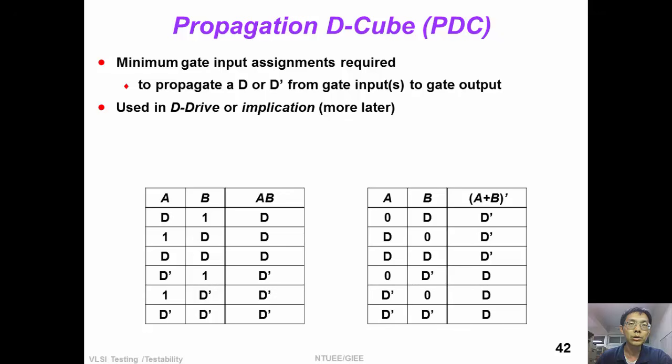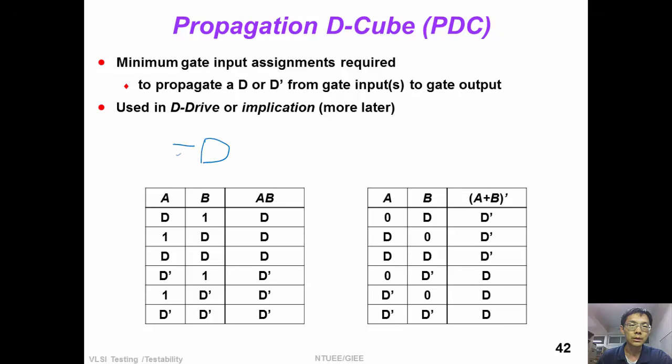A propagation D-cube or PDC is the minimum gate input assignment required to propagate a D or D prime from gate input to its gate output. This is very useful in D-drive or implication. We will talk about them later.